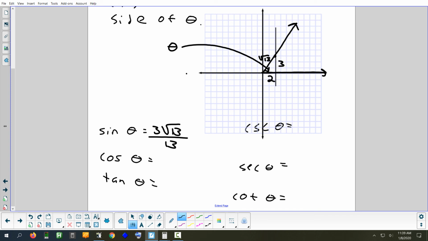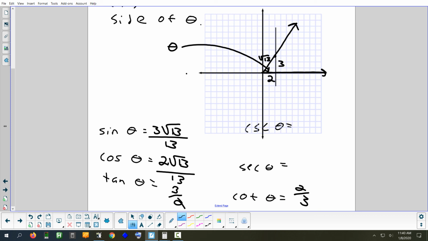How about my cosine? Jared? 2 times the square root of 13 over 13. Yep. And my tangent, opposite over adjacent, 3 over 2.